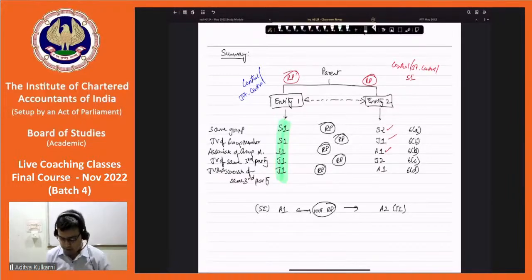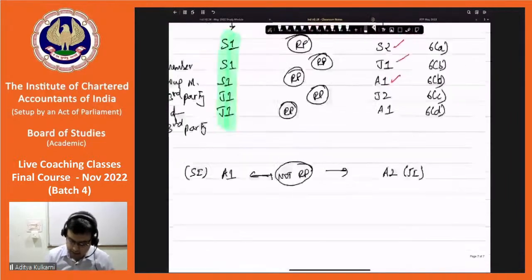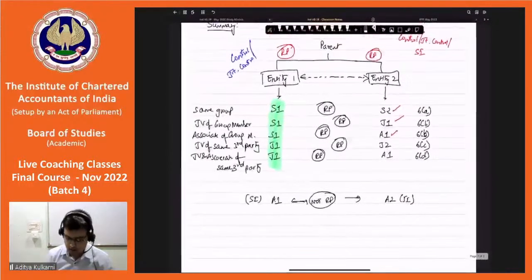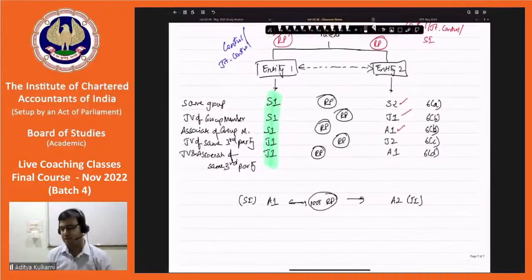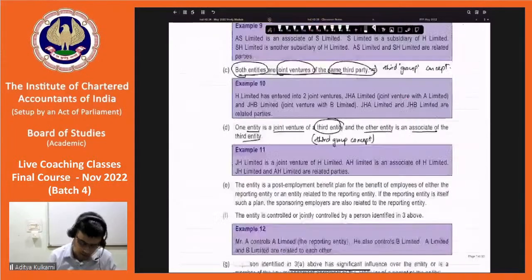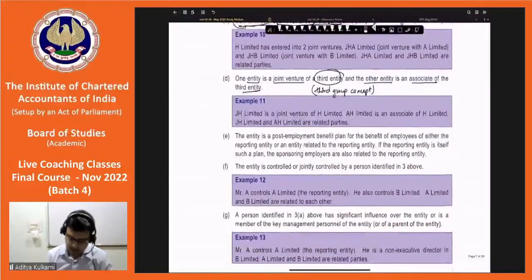That is by far the most important conclusion. With this conclusion, I don't think you should have any difficulty in interpreting the clauses. So that was 6A, B, C, D.